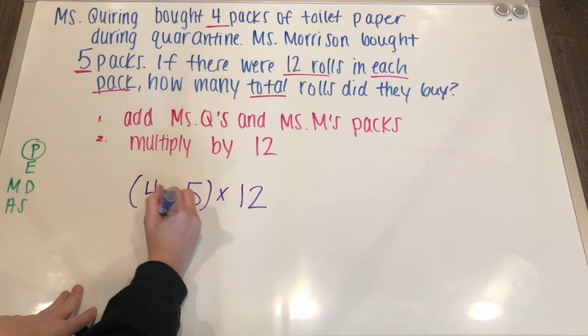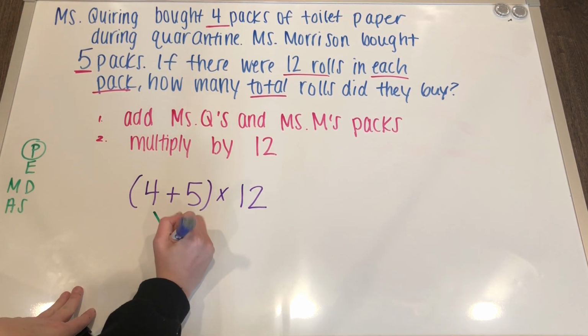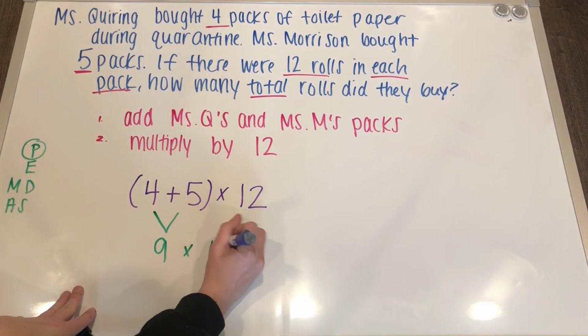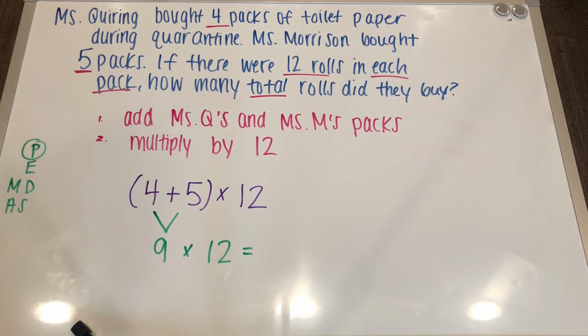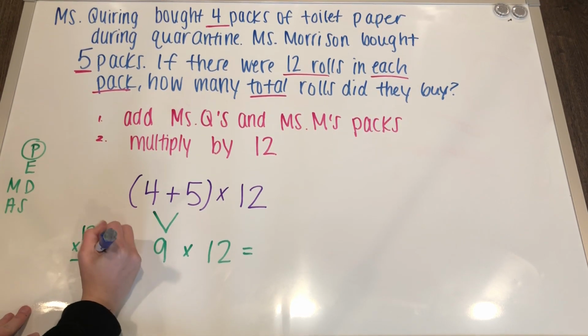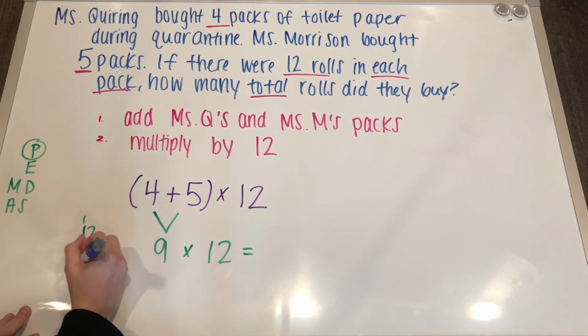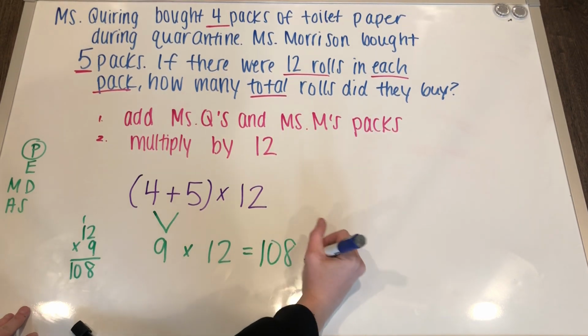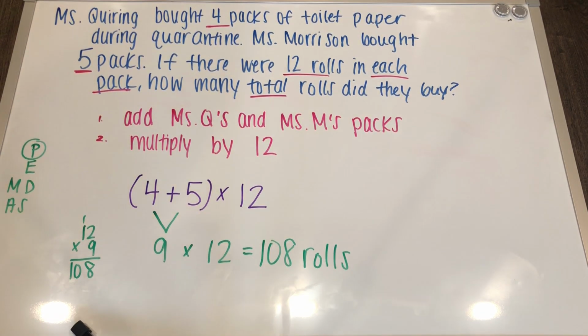So we do the parentheses first, 4 plus 5, which is 9, and then we have to multiply by 12, okay? We can multiply in our head, or we can do the standard algorithm and multiply, but we end up getting 108 rolls of toilet paper. Okay, so this is kind of the steps that we take to solve the problem by creating an expression.